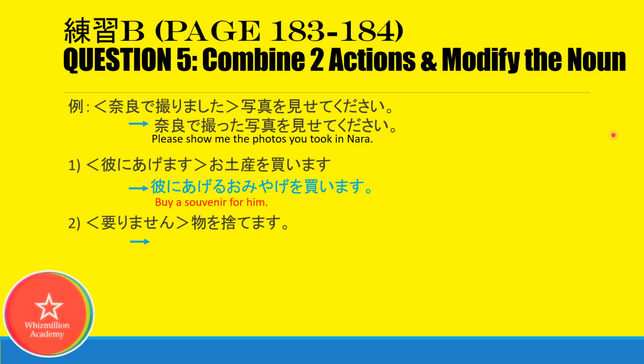Okay, in all Japanese sentences, always read the sentence from the back. If you want to translate a Japanese sentence, this is the trick. Always read it from the back. So, kaimasu is buy. Omiyage is present, a souvenir. And ageru is give. And kare is him. So in a way, you are reading backwards.